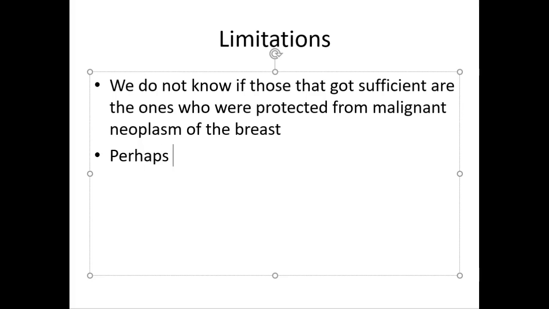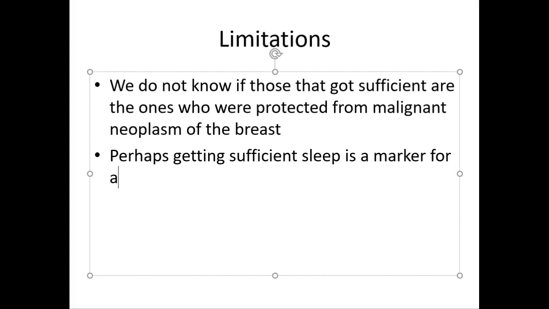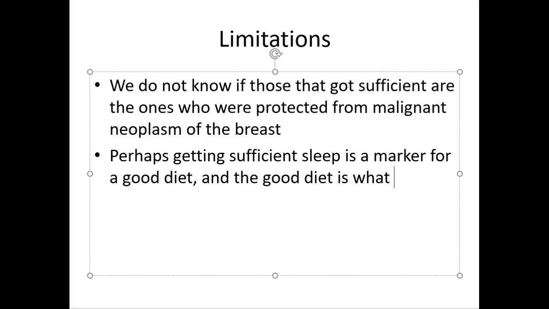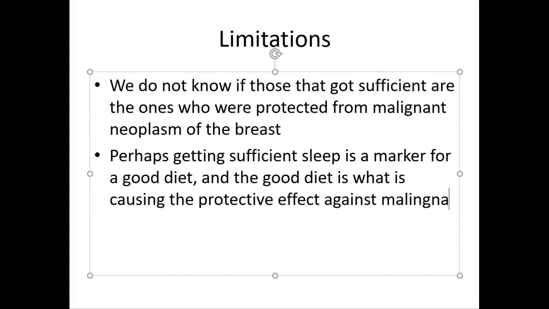And we'd say perhaps getting sufficient sleep is a marker for a good diet, and the good diet is what is causing the protective effect against malignant neoplasm of the breast.